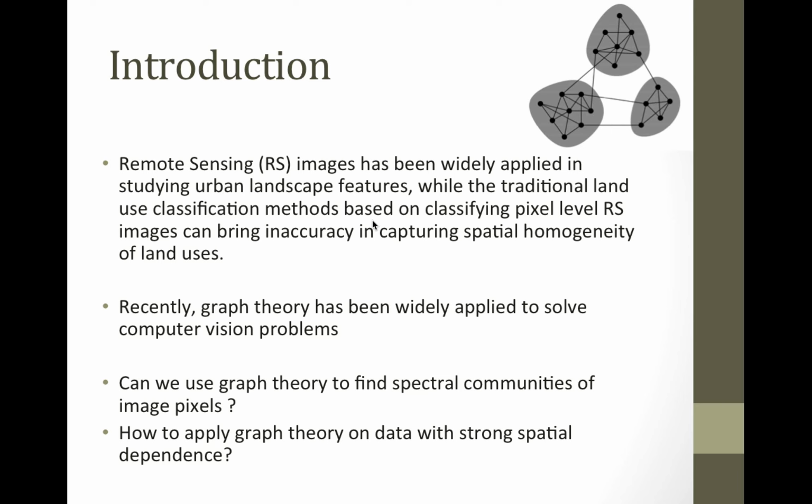The problem is how I can apply graph theory to data with strong spatial dependence, because in most cases, people use social network data to conduct graph analysis. But here I choose images as my data source, and I want to conduct some graph-based study on images.